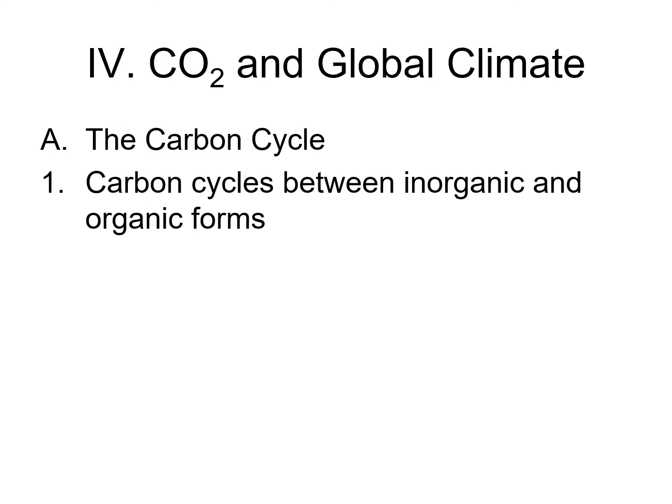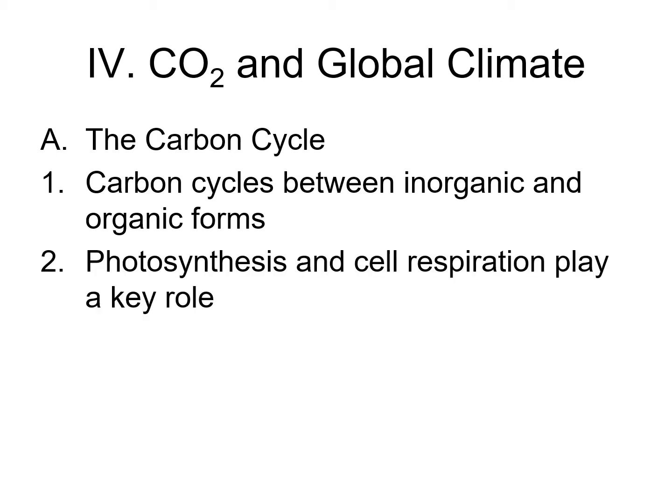The carbon cycle describes how atoms of carbon, molecules that contain carbon, cycle back and forth between organic and inorganic forms. The processes we have been learning about in this unit, photosynthesis and cell respiration, play major roles in the carbon cycle.